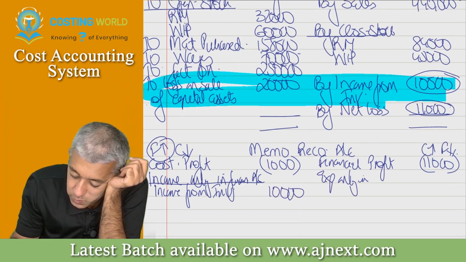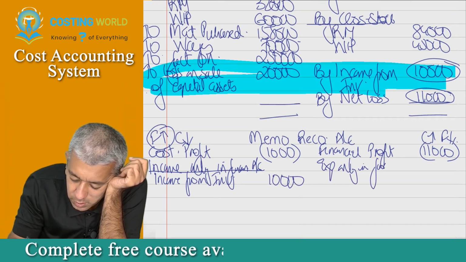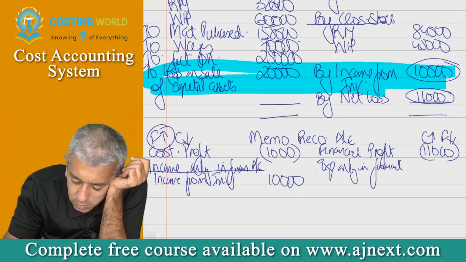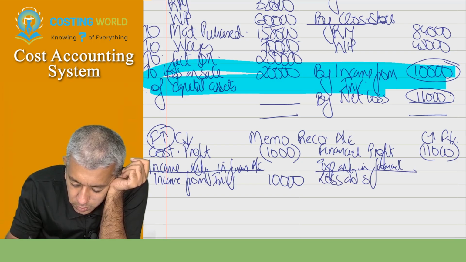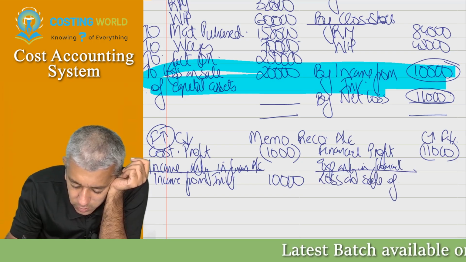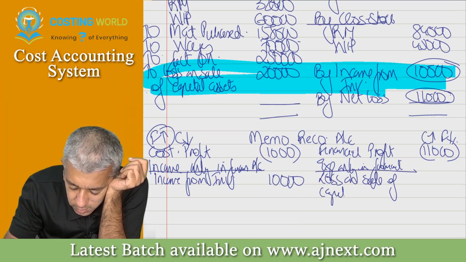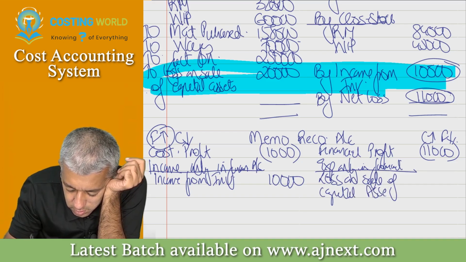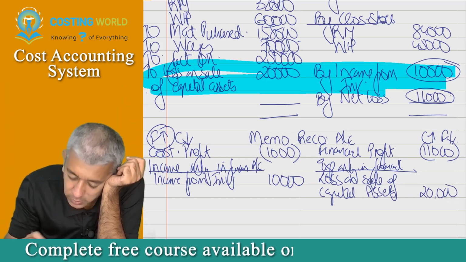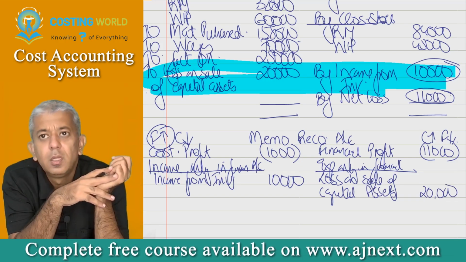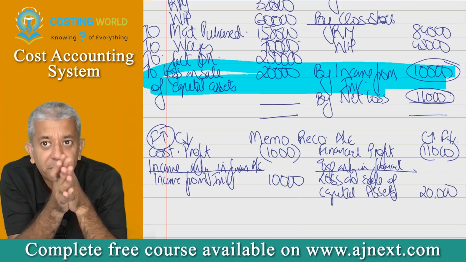This is expenses only appearing in financial accounts: loss on sale of capital assets 20,000. Now see, which type of differences come?